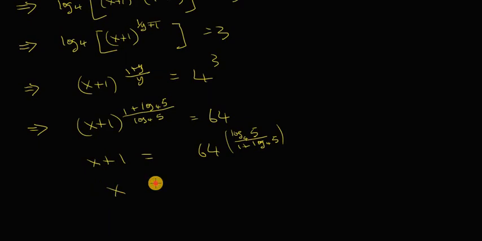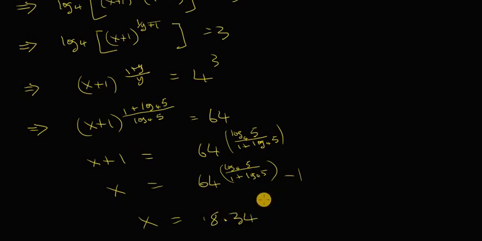And x is equal to that, 64 to the power of log base 4 of 5 over 1 plus log base 4 of 5, minus 1. And you put that into your calculator and you get 8.34. Okay, I hope that helped.